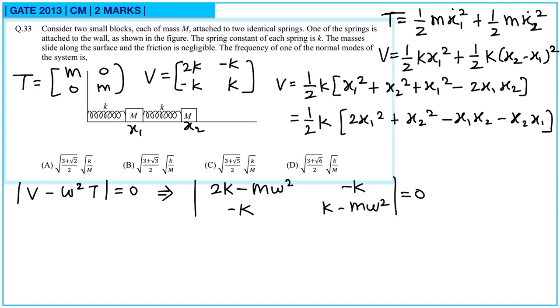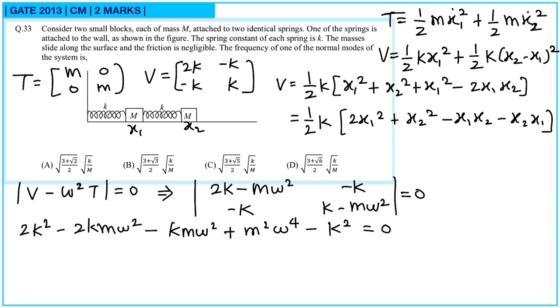So this is 2k square minus 2k m omega square minus k m omega square plus m square omega raised to 4 minus this k square.